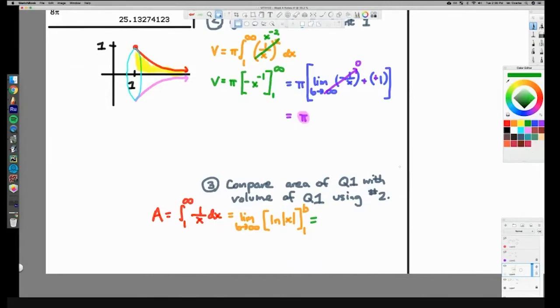Long story short, you are right that it is infinity. So the limit as b goes to infinity of ln of b minus ln of 1, and ln of 1 is 0. Yep. So you have ln of b.